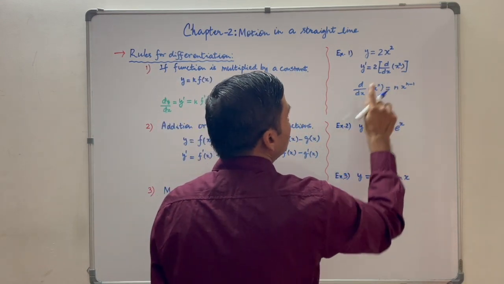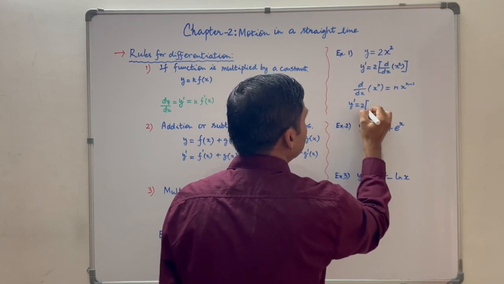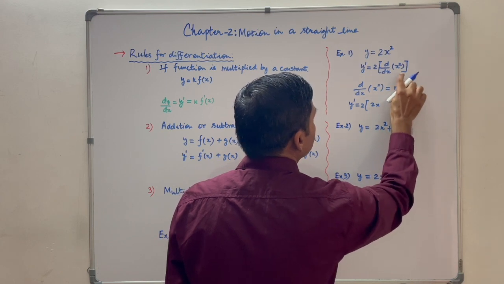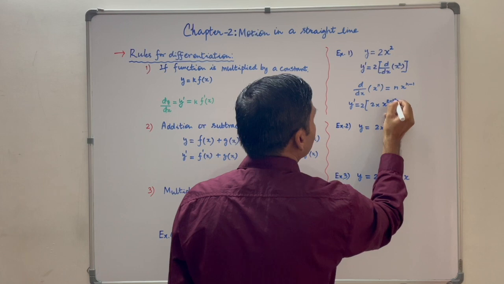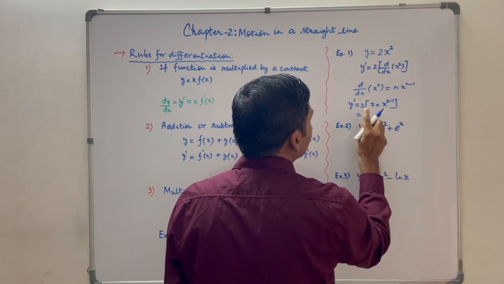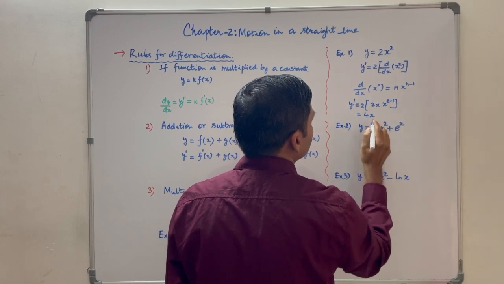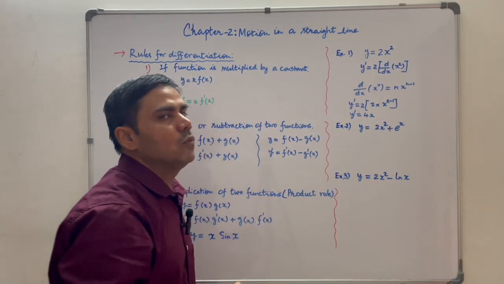Here n is equal to 2. So y dash is equal to 2 into n, means 2, x to power n minus 1, means x to power 2 minus 1, and that is equal to 2 into 2, 4 into x to power 2 minus 1, that is 1. So y dash is equal to 4x.